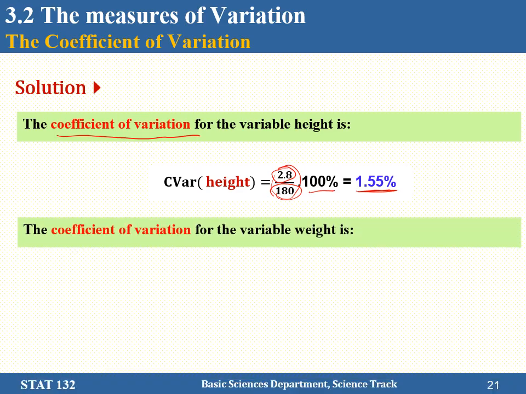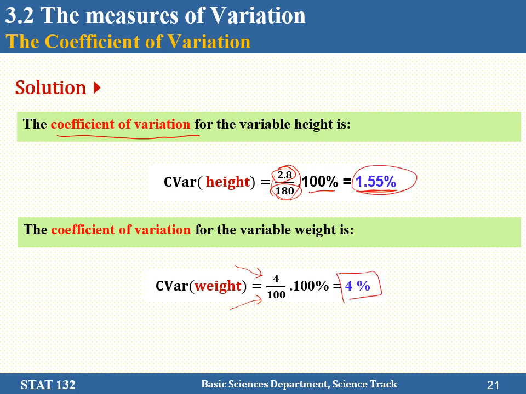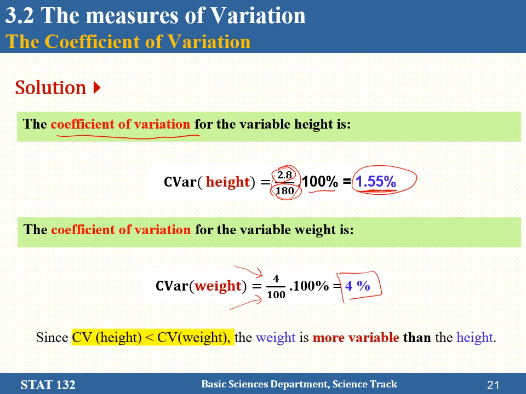And we do the same thing for the weight. So if we put the mean and here is the standard deviation, we get 4%. So what does this mean? This means the data set in the weight is more variable than the height. So more variable means more changing.